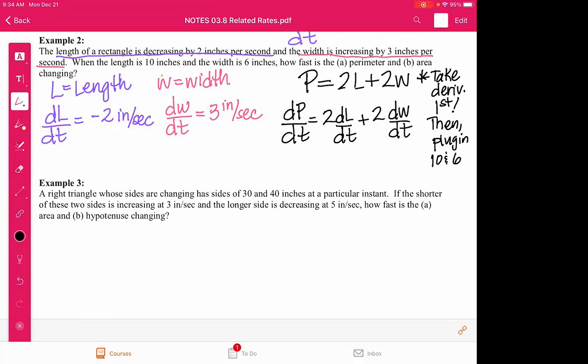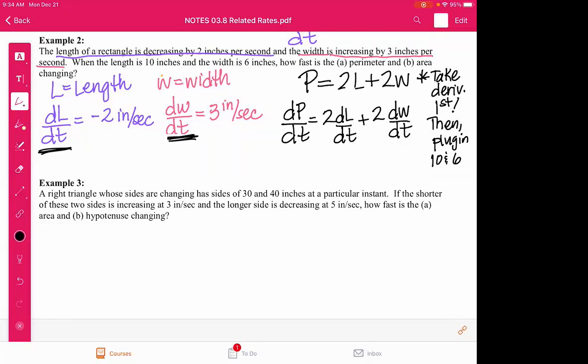Okay? So now you can see, I got a dL/dt. We were talking about that earlier. That's over here. And I got a dW/dt. We were talking about that too. That's right here. So you're going to plug that in and evaluate, okay?